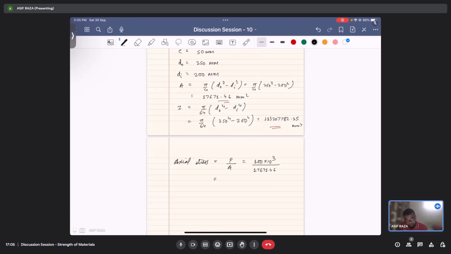This comes out to be 5.659 megapascal. It's a compressive one.